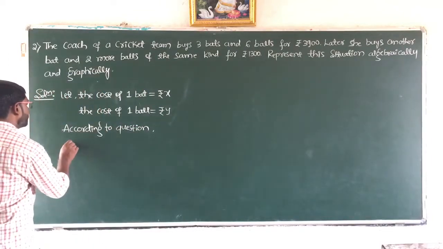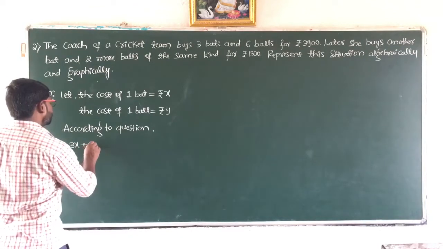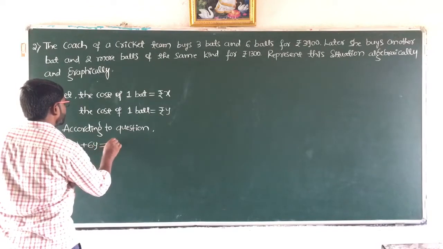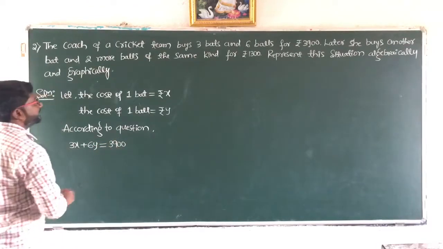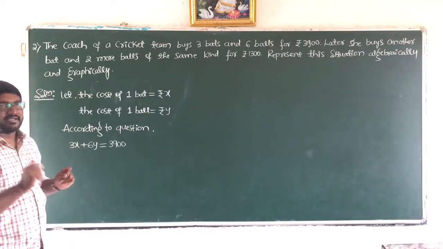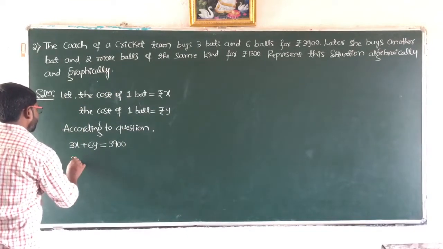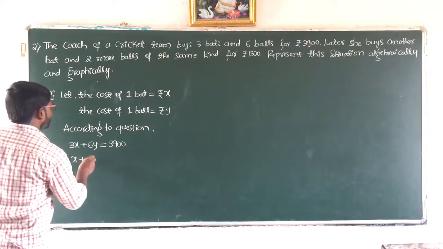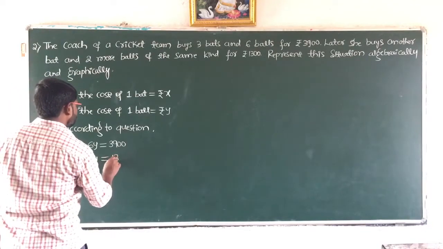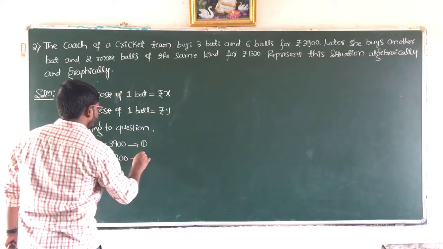That means it is 3x plus 6y which is equal to 3,900 rupees. Then go for the another case now. Later she buys another bat, that means 1 bat and 2 more balls. So the second case it is x plus 2 balls, means it is 2y which is equal to 1,300 rupees. So I thought this as 1 and this as 2.